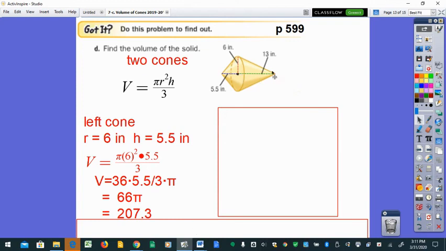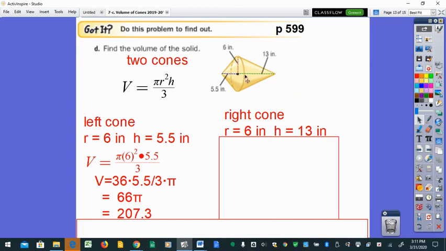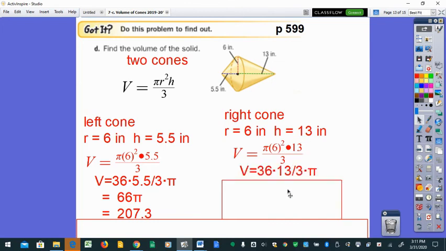Now we're going to do the right-hand cone. His radius is still that 6 inches, but the height is longer at 13 inches. Here is my substitution into the formula for volume. The 6 was the radius, so r squared. The h is 13, and we're going to divide by 3, and you're going to see an exact answer of 156 pi.